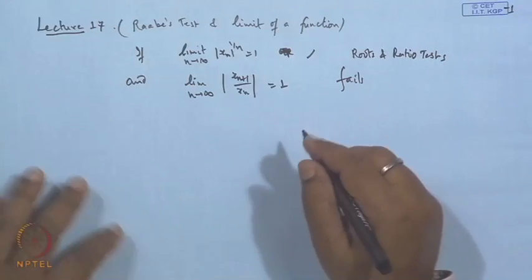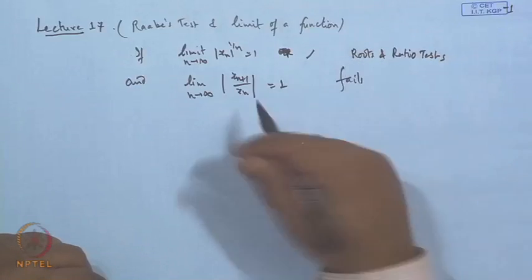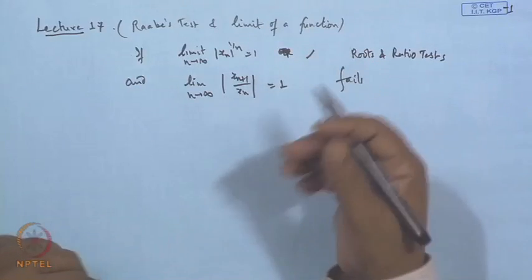We are unable to decide whether the given series is absolutely convergent or divergent; it may be convergent or it may be divergent.